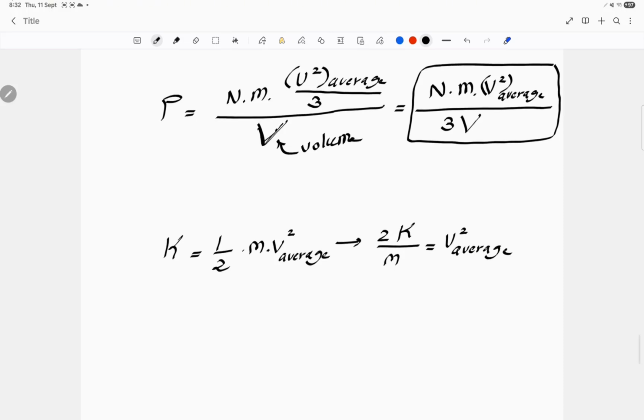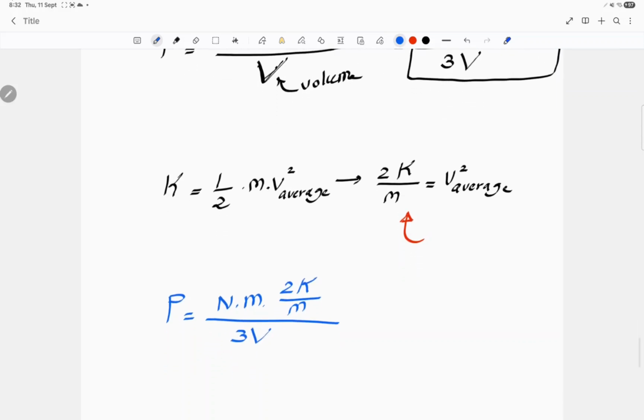And now I can replace the v squared average in here with 2k over m. So I'm going to say that pressure is equal to n times m, and instead of v squared average, let's put 2k over m. And the whole thing is going to be divided by 3v.